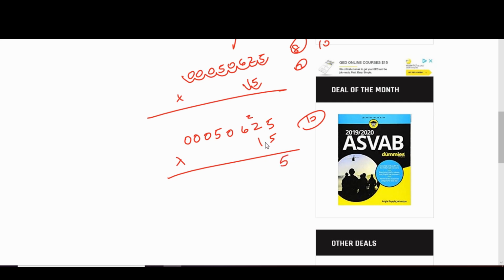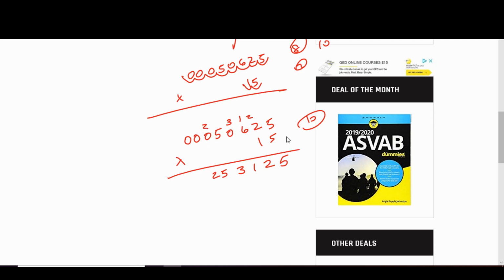Carry the 2. 5 times 2 is 10, plus 2 is 12. Carry the 1. 6 times 5 is 30, plus 1 is 31. Carry the 3. 5 times 0 is nothing. Add 3 is 3. 5 times 5 is 25.